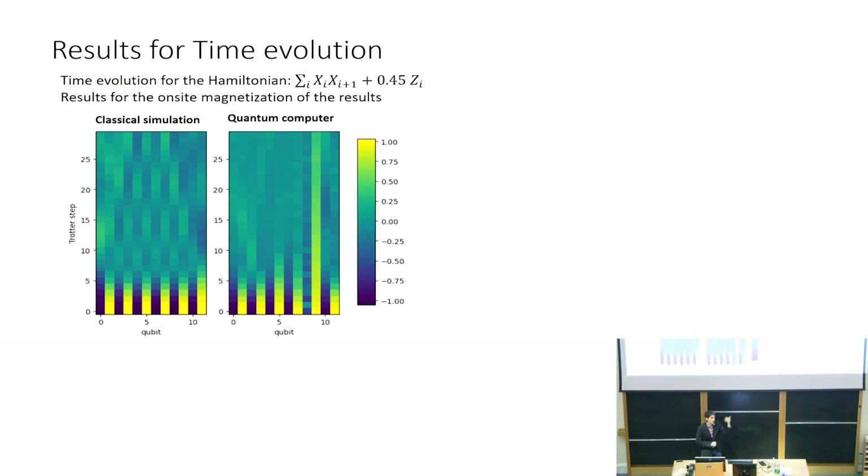Of course, you get a massive overhead. But it's doable. So in principle, for one time step to generate 1,000 measurements, it took me 10 seconds on a quantum computer. So I think the overall plot on the right is a matter of 5 minutes or so.